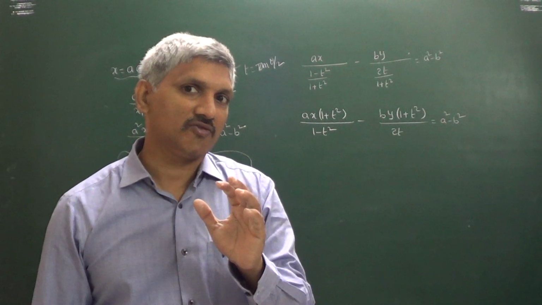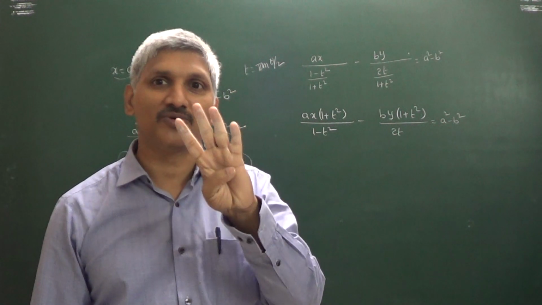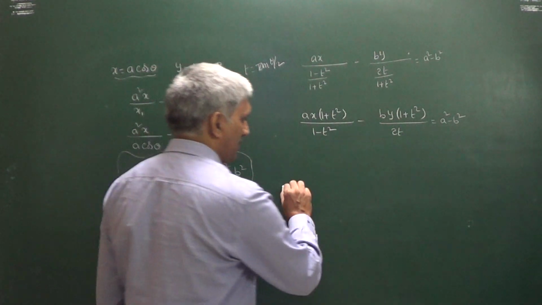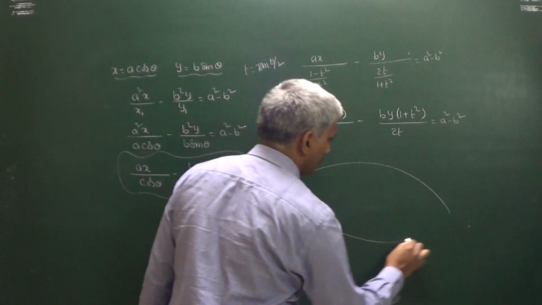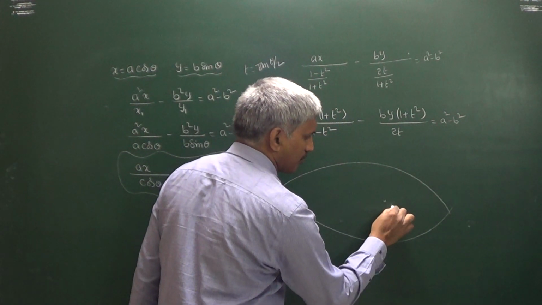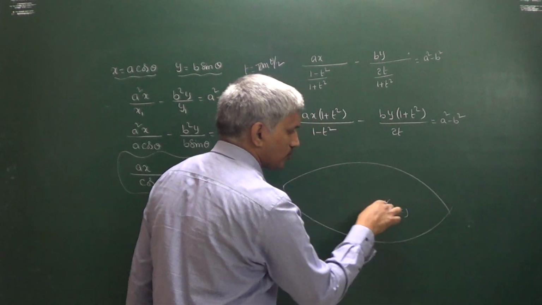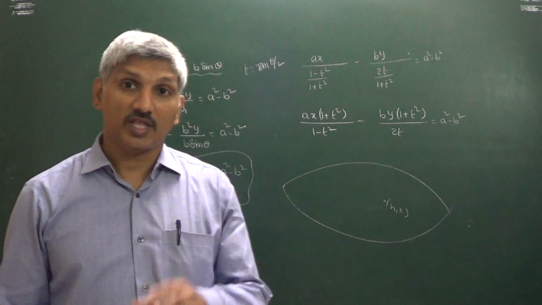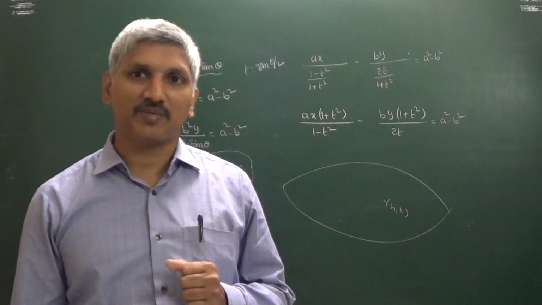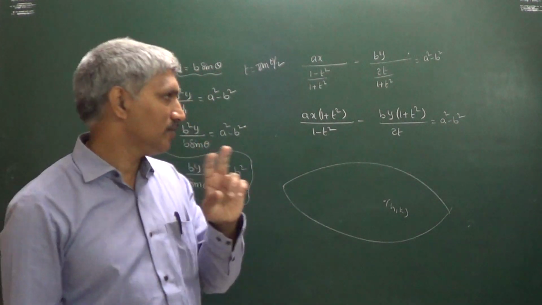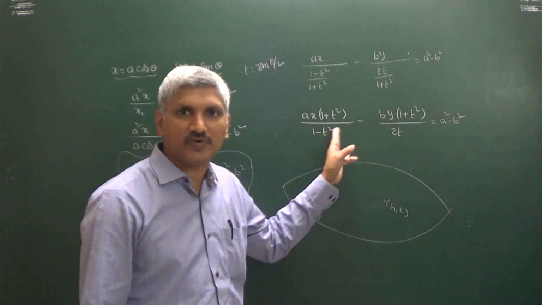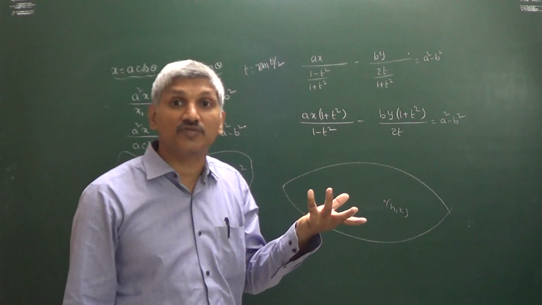But a 4th degree equation has how many roots? 4 roots. That's why we can say if there is an ellipse, and somewhere here there is a point (h, k), through this point (h, k) the maximum number of normals that can be drawn is 4 normals, because we are getting a 4th degree equation. A 4th degree equation has 4 roots.